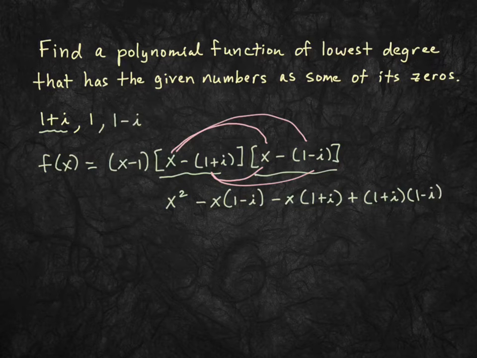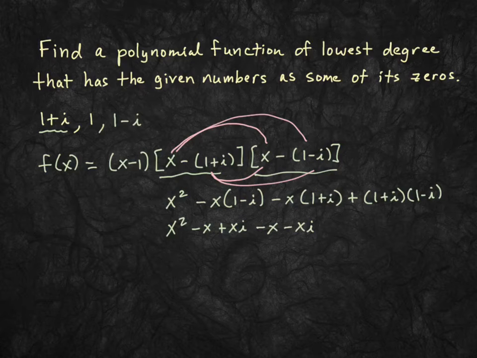All right, so let's go ahead and simplify what we have here. Eventually we'll have to multiply by this x minus 1, but not for now. So we have x squared minus x. A minus x times a minus i will be a plus xi. And then when we distribute here, we'll have a minus x, and minus x times 1 is minus x, and minus x times i will get a minus xi.